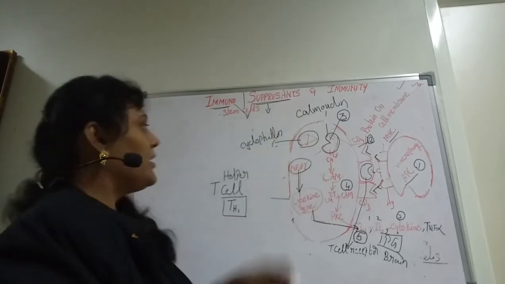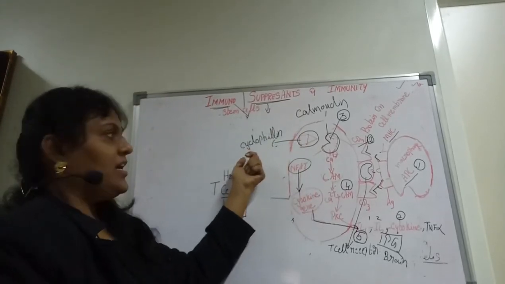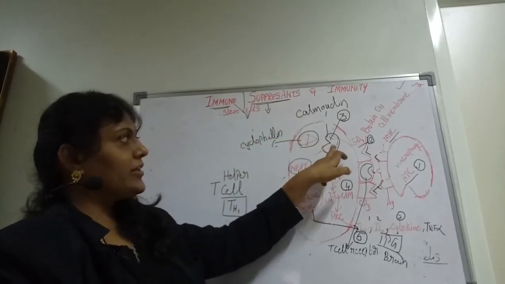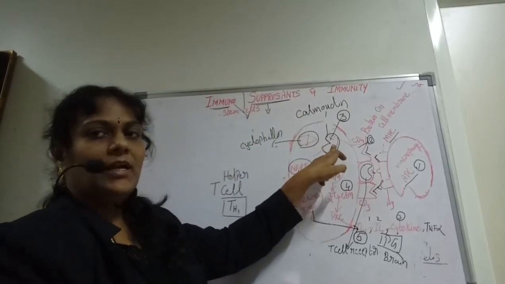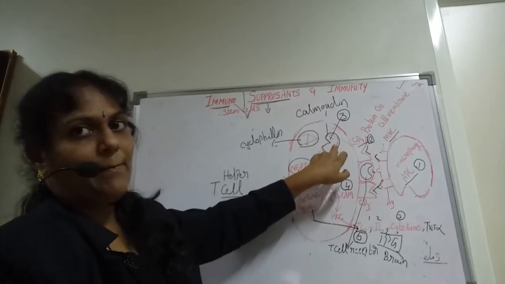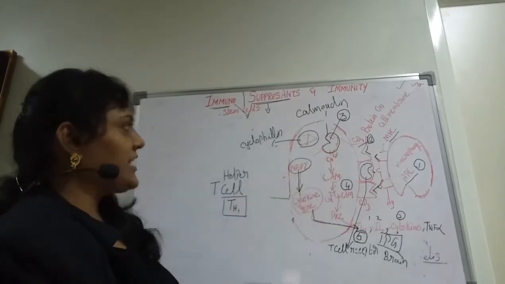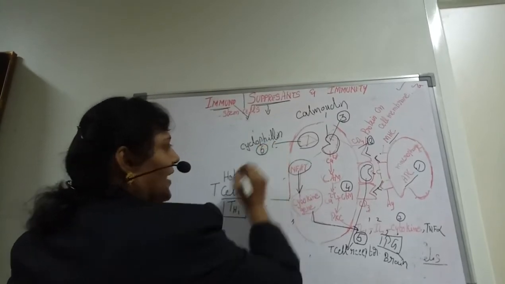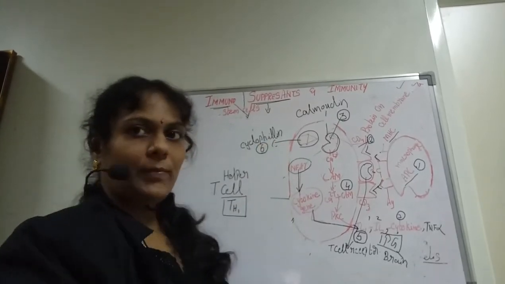What is cyclophilin? Cyclophilin is a type of protein to which the drugs are attached, and that part is attached to the calmodulin part, so that the suppression of the T cells will happen over here. So we can see the six spots over here where the suppressants can act.